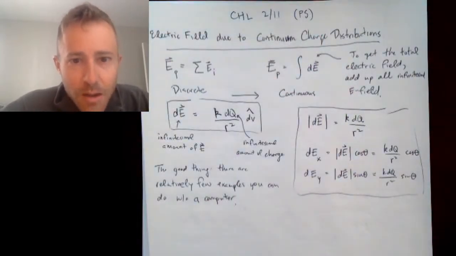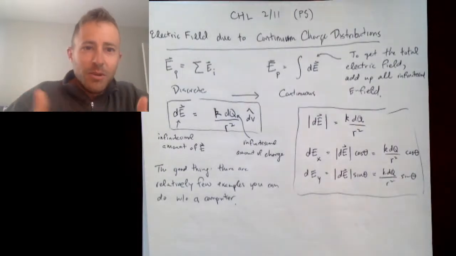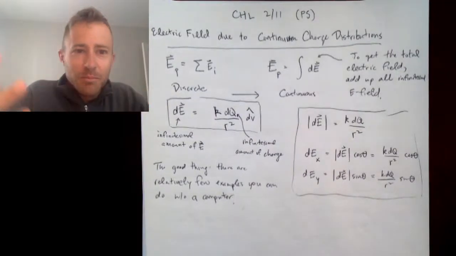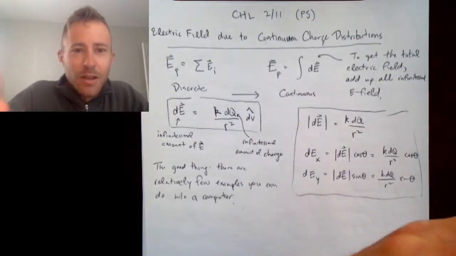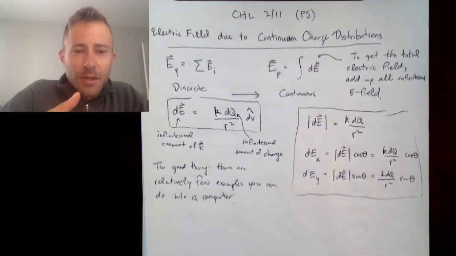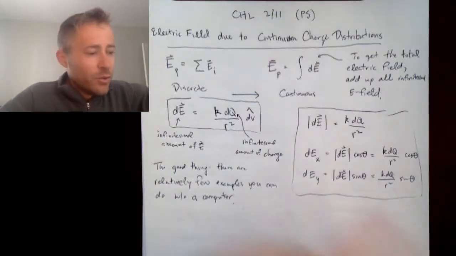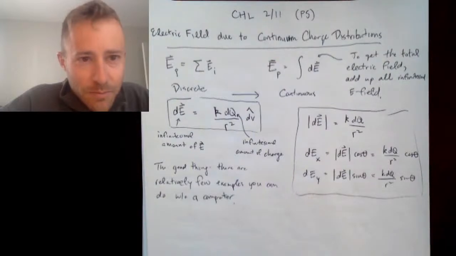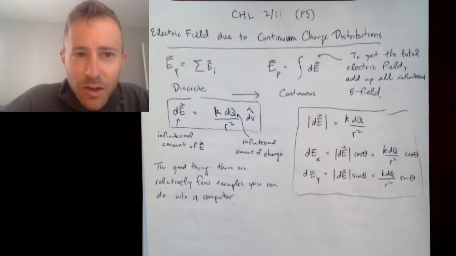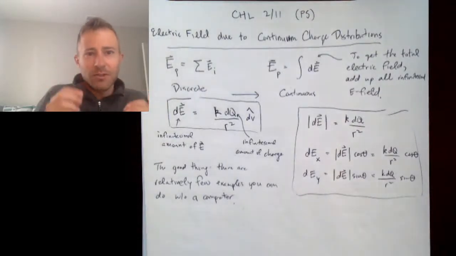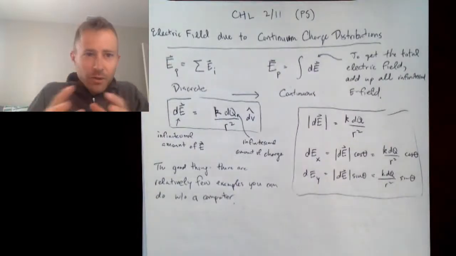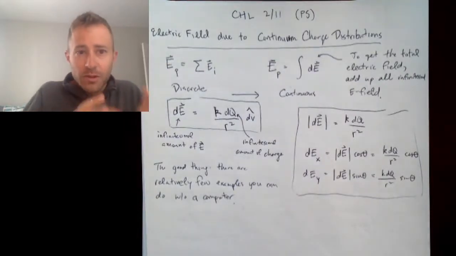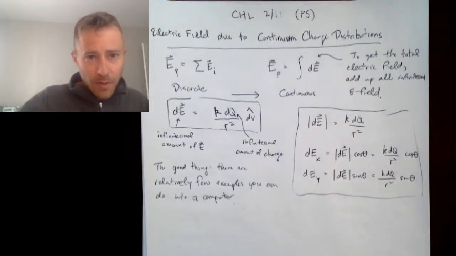Because the AP Physics C exam is a pen and paper test, they are only going to ask you about the examples where you are able to do this integral. And there are literally 3 or 4 examples where you can actually do the integral. So you just have to master 3 or 4 scenarios that we're going to go over today and next week.